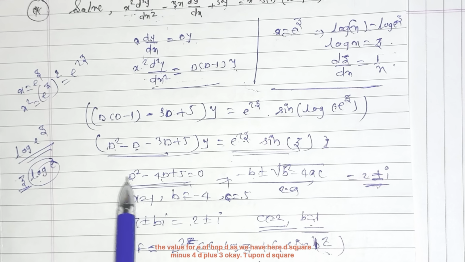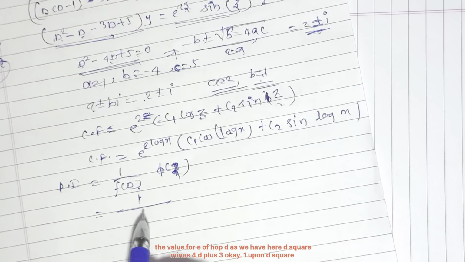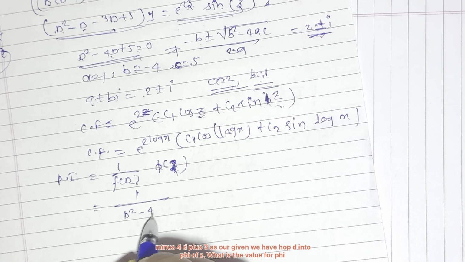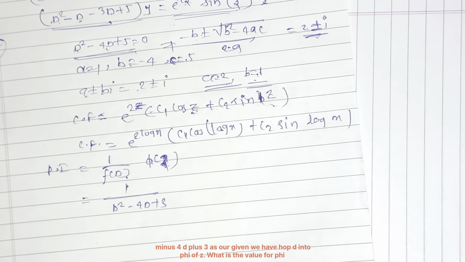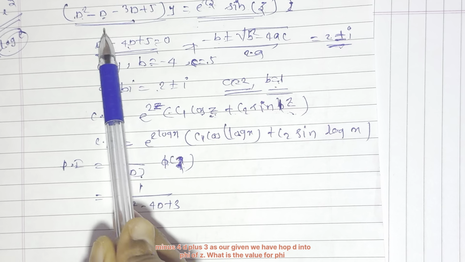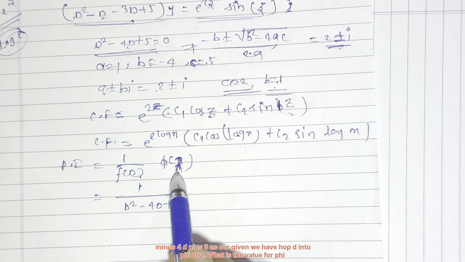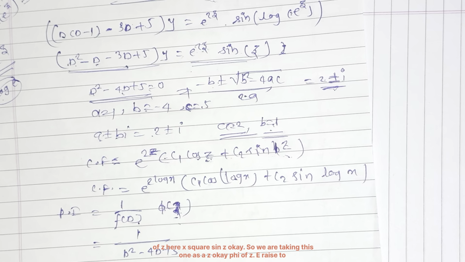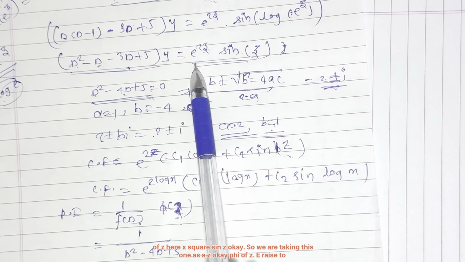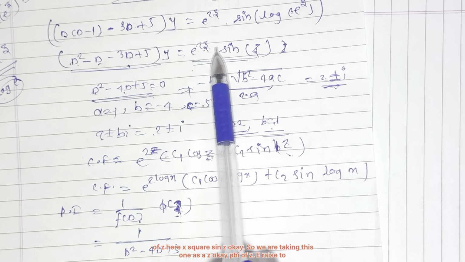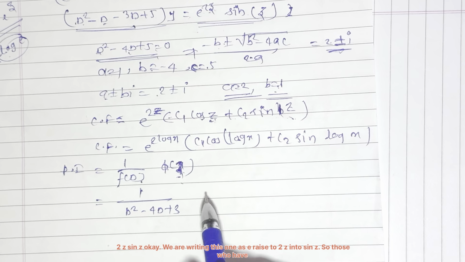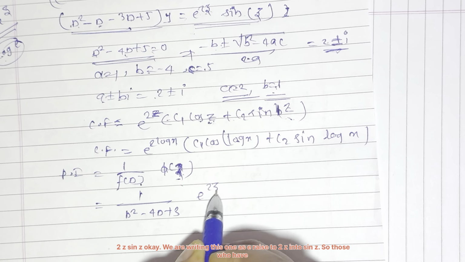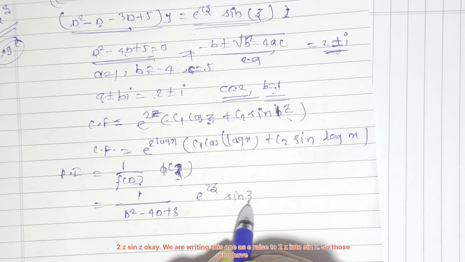We have d square minus 4d plus 3, so 1 upon d square minus 4d plus 3 is our given f of d into phi of z. What is the value for phi of z? We have x square sin z, taking this as z, phi of z is e raised to 2z into sin z.